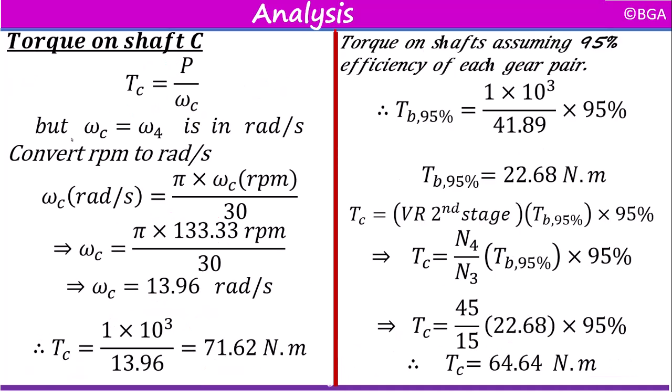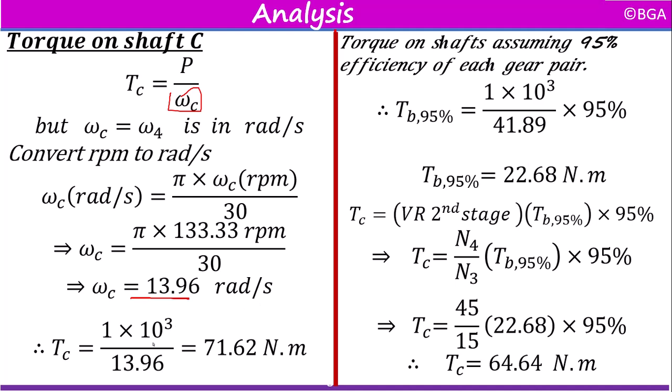Concerning shaft C, we follow the same procedure, no difference. Shaft C in this case rotates at 133.3 RPM. We need to convert that value to radians per second. So we use the same equation, and if you calculate, you get the angular speed of shaft C to be 13.96 radians per second.